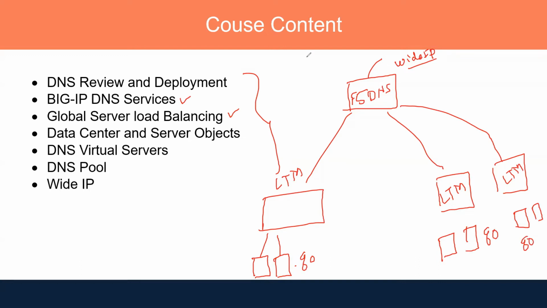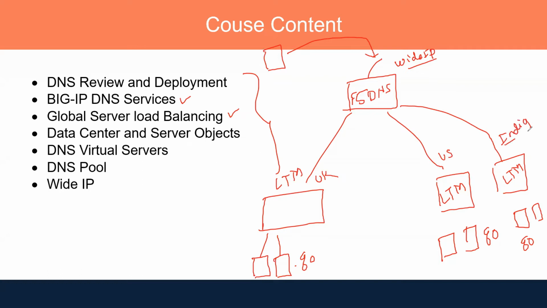Now what would be happening? The user would be hitting this wide IP, and then F5 would know where the traffic is coming from. Okay, so based on geolocation, it would be able to distribute the traffic, whether that traffic needs to be distributed in X data center. Let's say this is the UK data center, this is the US data center, and this is, let's say, the India data center.